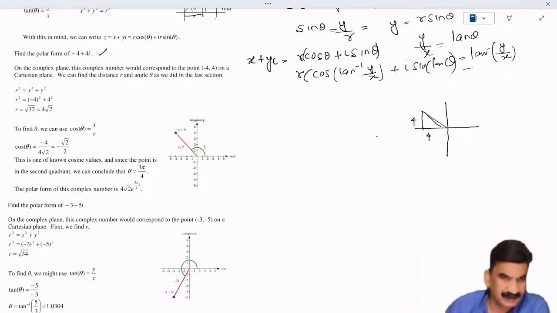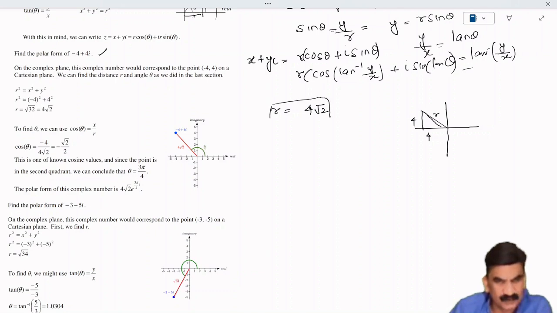How do I write it? First of all, I'll calculate this value, which I called r, or the amplitude, or whatever you call it. Now r is equal to the square root of x squared plus y squared. So can I write 4 root 2 straightforwardly? So the value of r is 4 root 2.